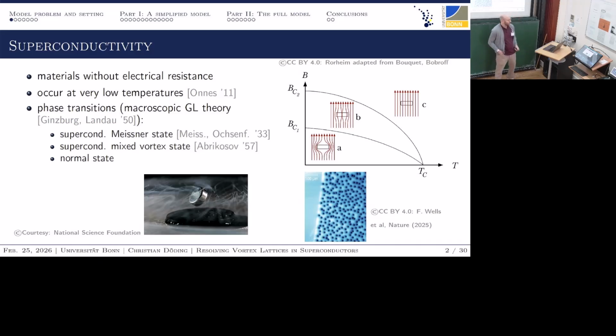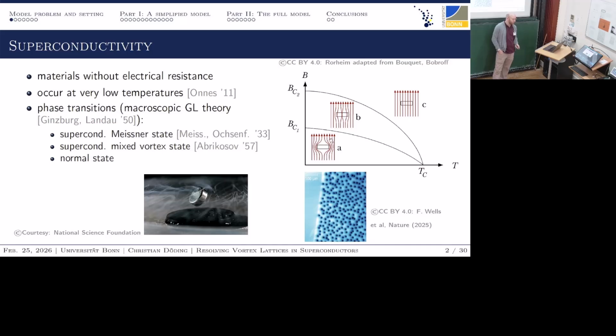Okay. But in 1957, Abrikosov figured out that between these two phases there's a third phase that occurs for so-called type 2 superconductors, whatever they are. And this third phase is this region B here.